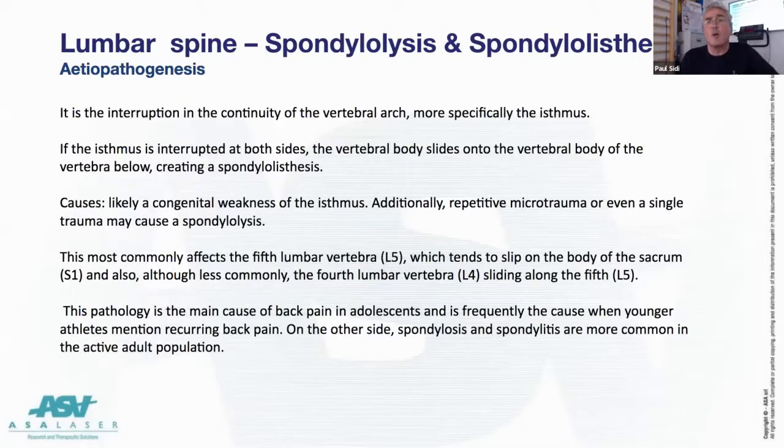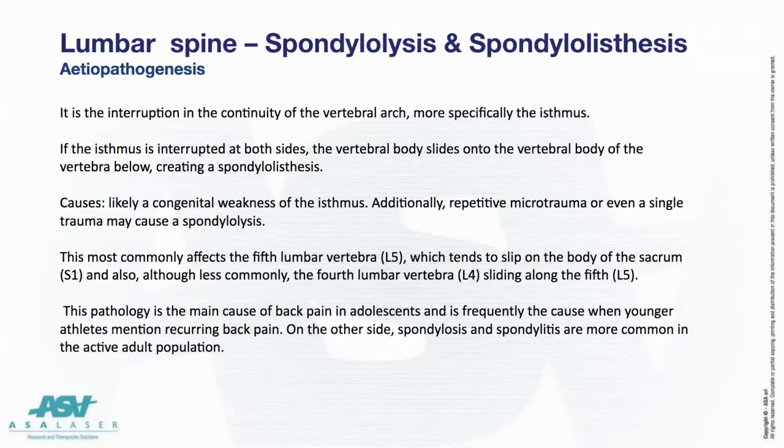Spondylolysis. You can read all that if you want, but this is the pars interarticularis, the little bits which make up the edges of the intervertebral foramen where the nerve root goes through. Basically, it holds the two vertebral bodies together where they meet at the facet joints.